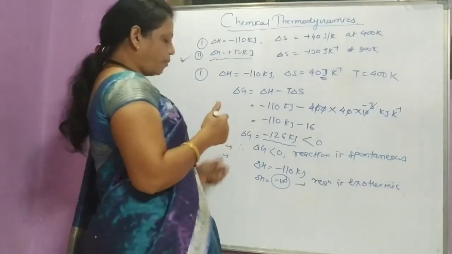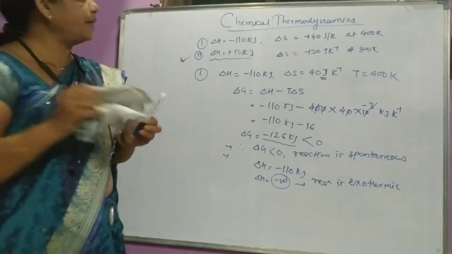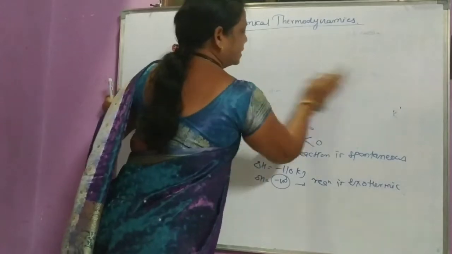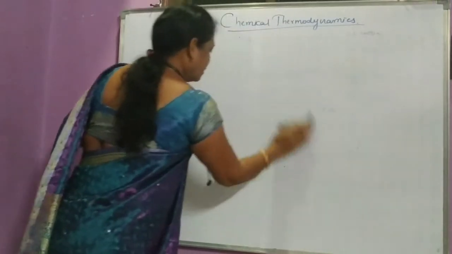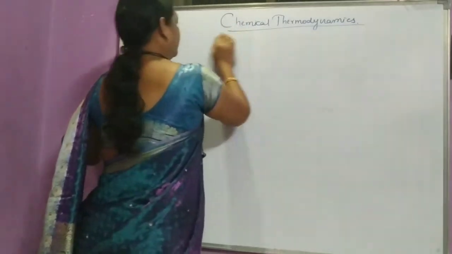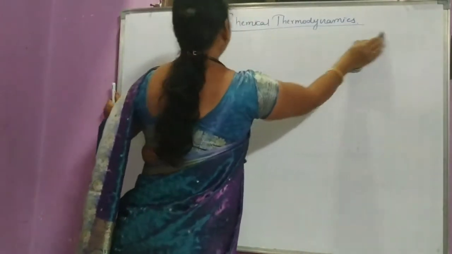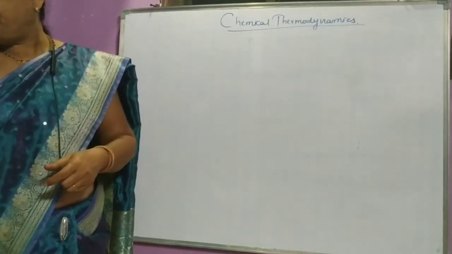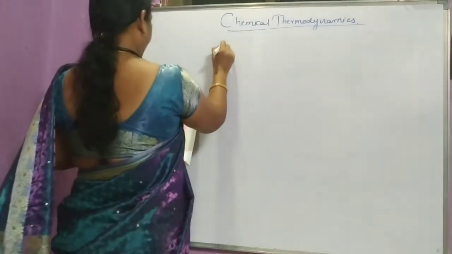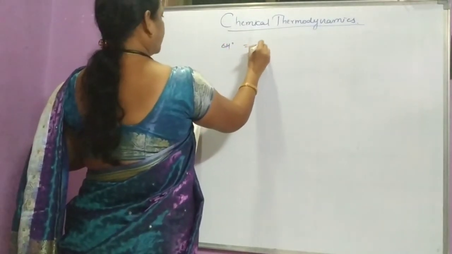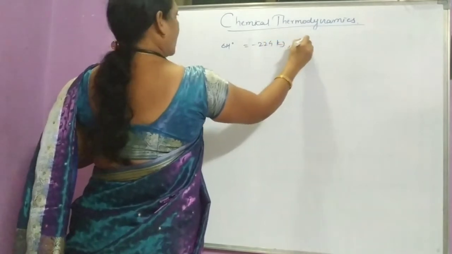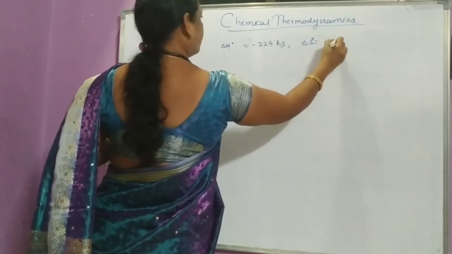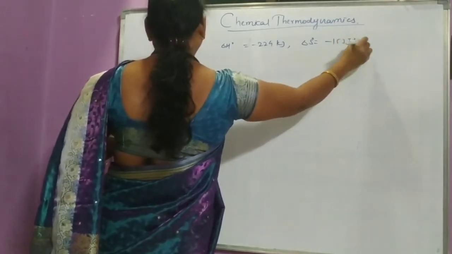Next numerical on the same. For the reaction, the change in enthalpy del H is minus 224 kilojoule and del S is minus 153 joule per Kelvin, again in the standard state.